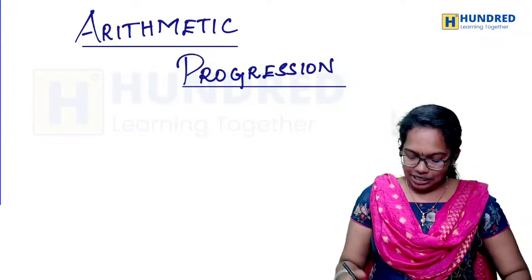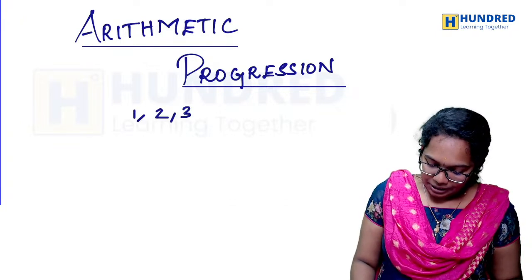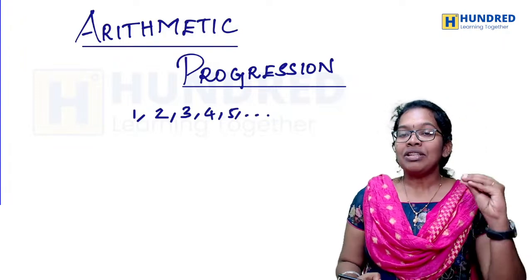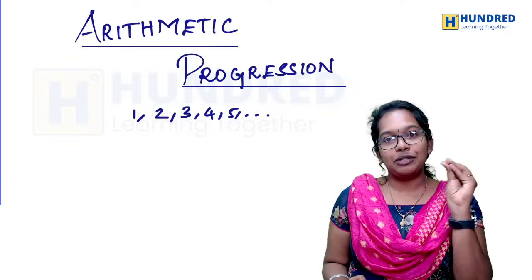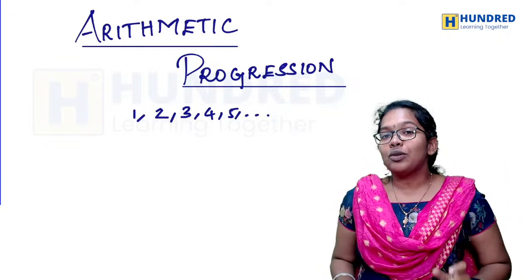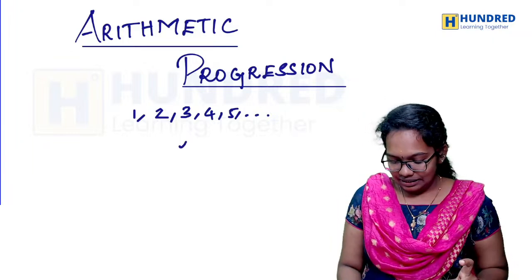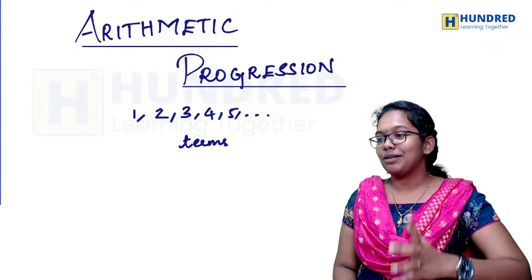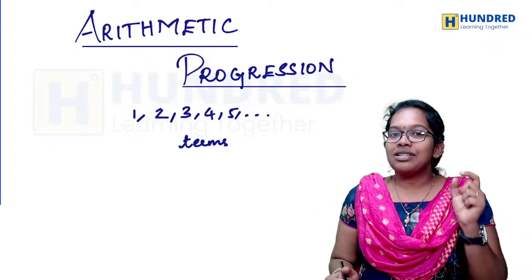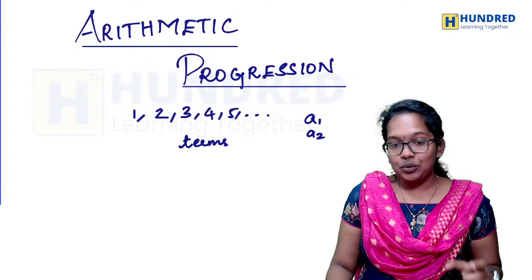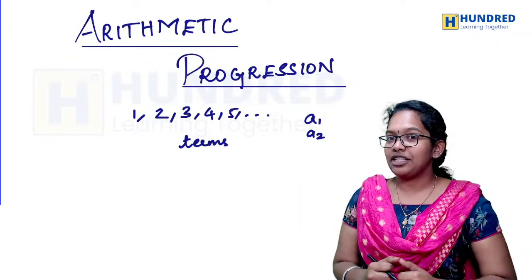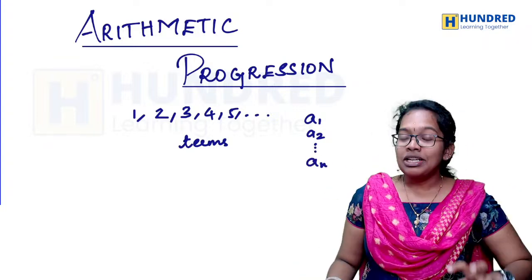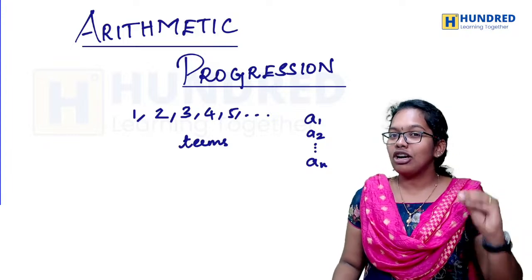If there is a sequence like 1 2 3 4 5 6 and there is a common difference between the terms, then each number in it is called a term. The first term is the one at the starting of the sequence. The terms after that we generally express as A1, A2, A3. The nth term we express as AN.